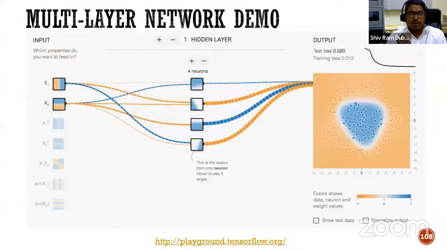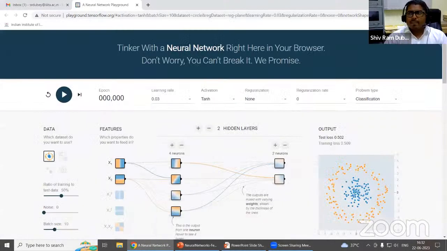Okay, now let's have a quick demo here of how this multi-layer neural network is actually working. So let me go to this. I hope this browser is visible.